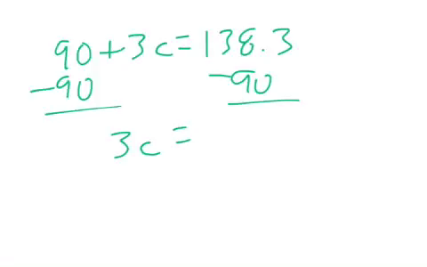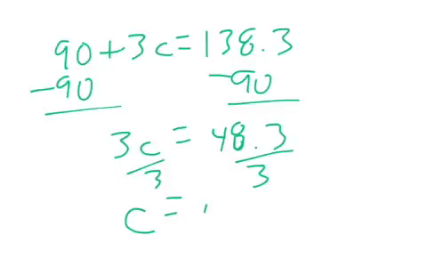So once I minus 90, I end up with $48.30 or 48.3. And now I'm just simply going to divide by 3. And I know the cost of the crocus is $16.10.